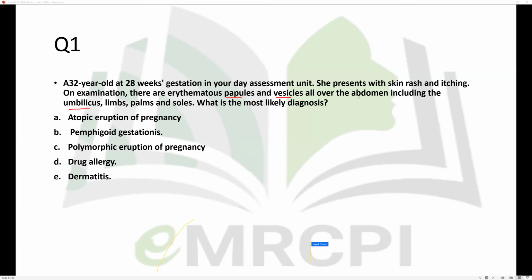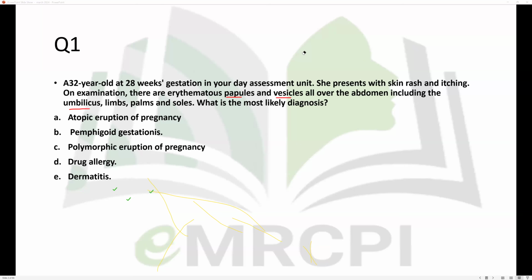Why are we saying this? My friends, I would like you to remember that in the older days it had an old name. What is the older name of this? They mistook these vesicles for herpes lesions.